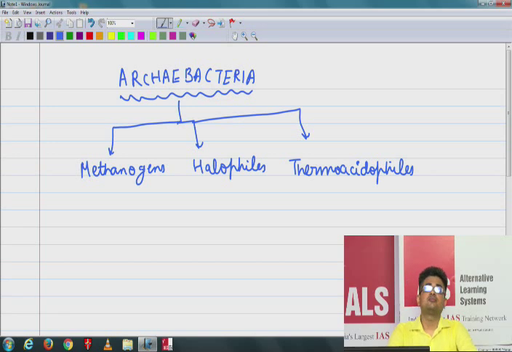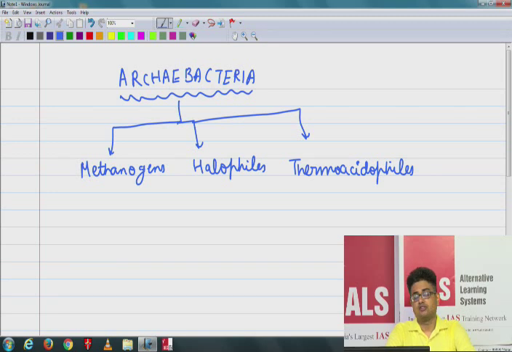Third category is thermoacidophiles. Thermoacidophiles are those bacteria which are able to survive in hot acidic lakes, 80 degrees to 100 degrees Celsius boiling water, and in that water a high concentration of sulfuric acid is present. Sulfuric acid is a very, very strong acid.